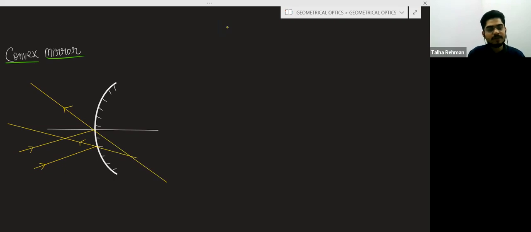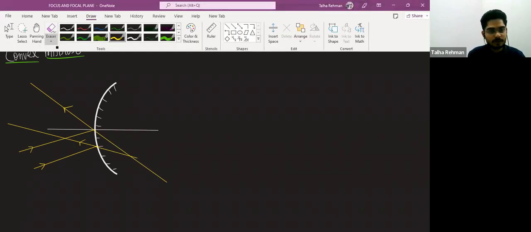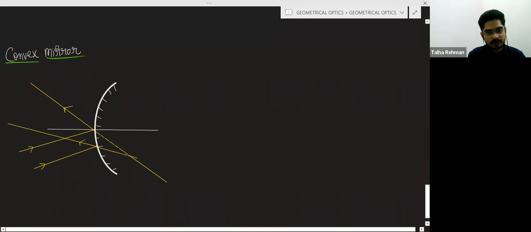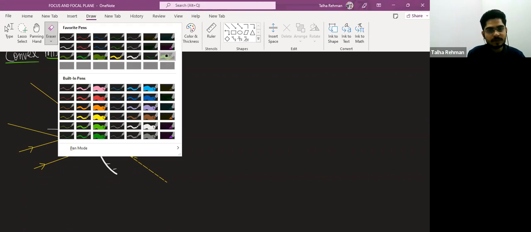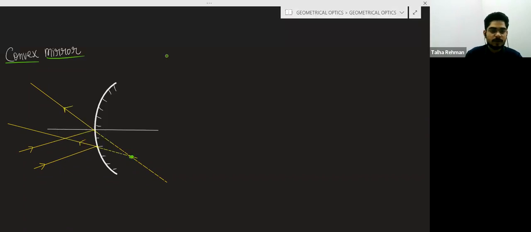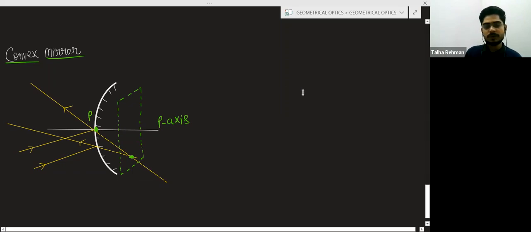Finally, these rays meet here at this point, so this point will lie on the focal plane. This is your principal axis, and somewhere here will be your pole. Understood, Hamza?